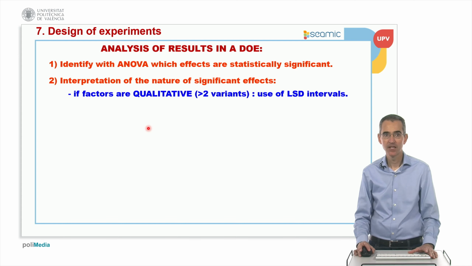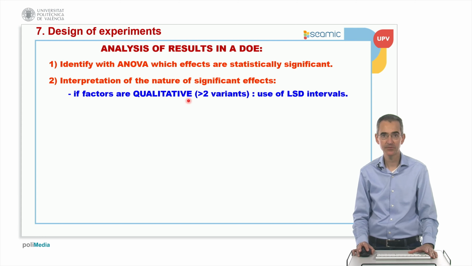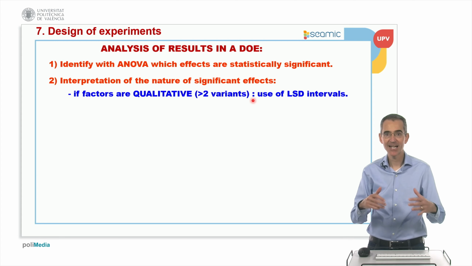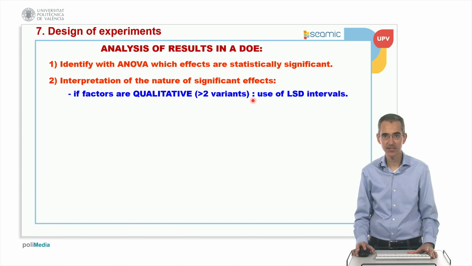What does it mean? Well, if we have factors which are qualitative and we have more than 2 variants, and we reject the null hypothesis, remember that we don't know exactly in which variants we have differences, so we will have to use LSD intervals to better discuss this issue.